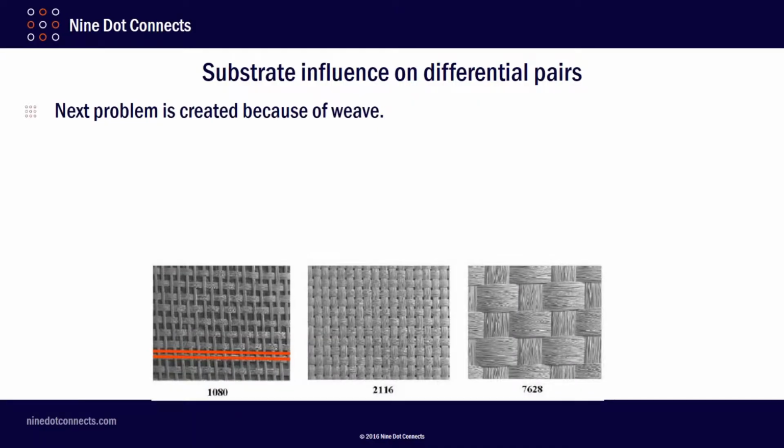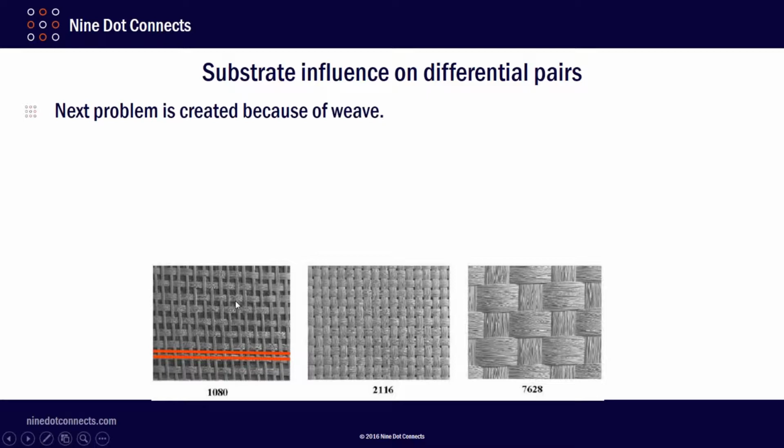I want you to think of the substrate also as part of the problem you could have to deal with, especially on differential pairs. And this next problem we're going to talk about is created because of a term called weave. If you'll notice down here, FR4 type of materials will have this weave in there with a resin in between the holes.